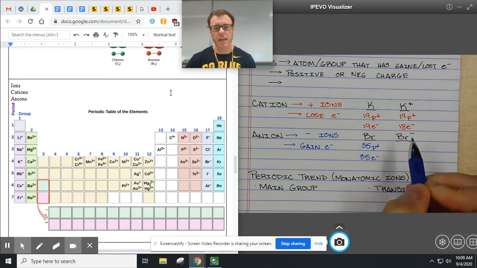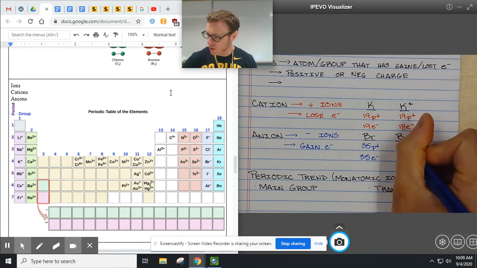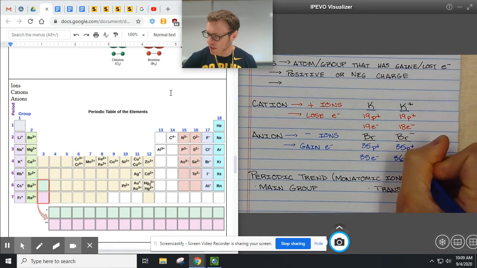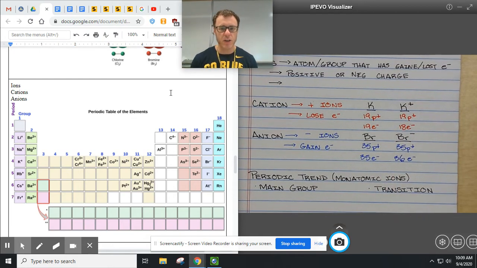But when bromine becomes an ion, it still has 35 protons because it's bromine, but now it has 36 electrons. And you can see on this periodic table, bromine's over here, potassium's over here. And this has to do with the difference between metals and nonmetals. Nonmetals become negative, or they gain electrons. Metals become positive, or they lose electrons.